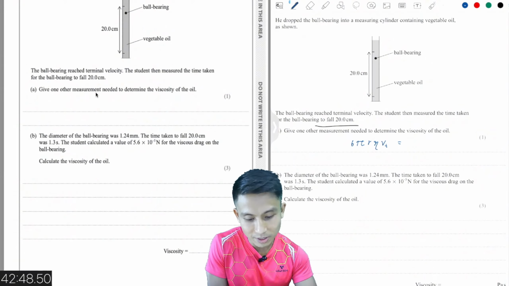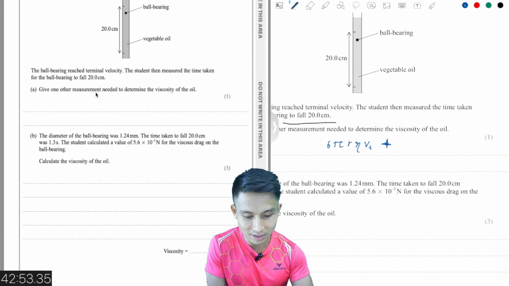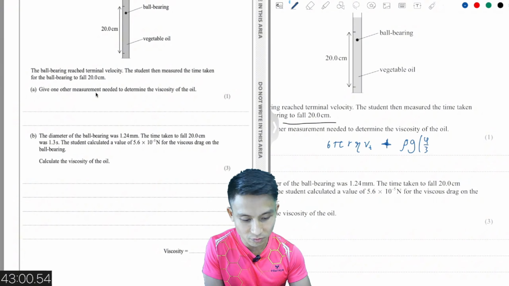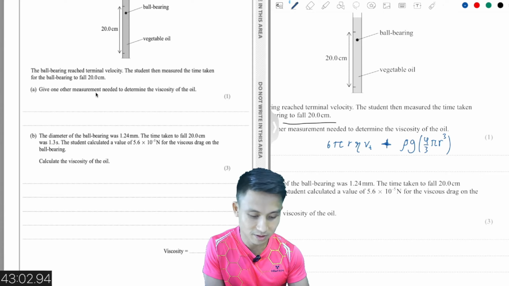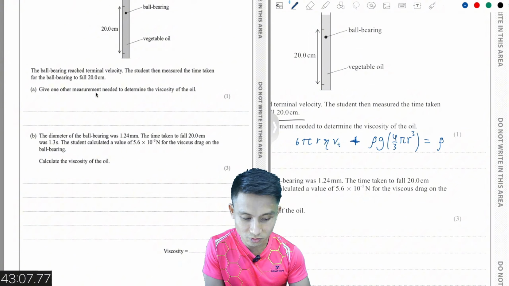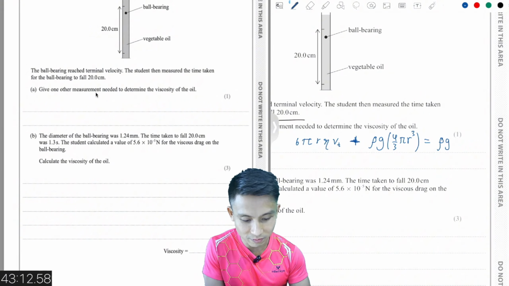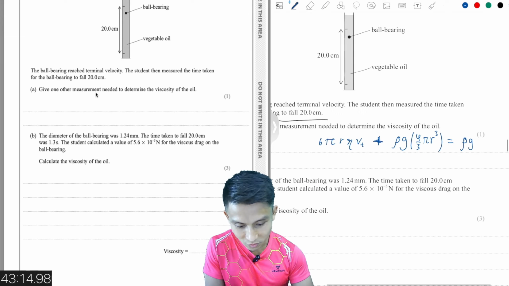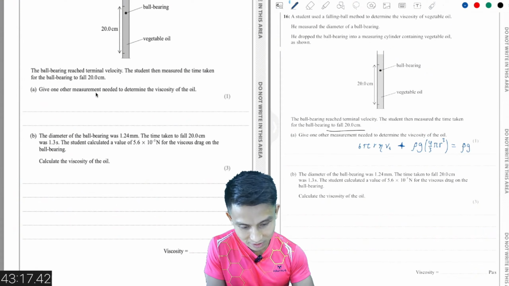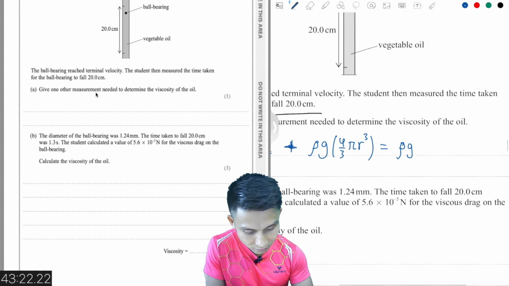Right, okay. I personally forgot the formula, but this is drag plus upthrust, which is rho g V, where V of the ball is just 4/3 pi r cubed, equals the weight, which is rho g V as well, the weight of the ball. But the rho here is the density of the liquid. This is the volume of the ball.